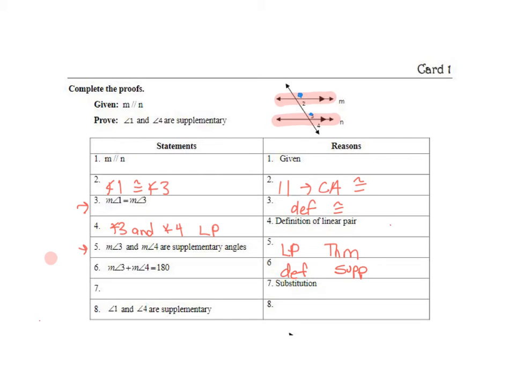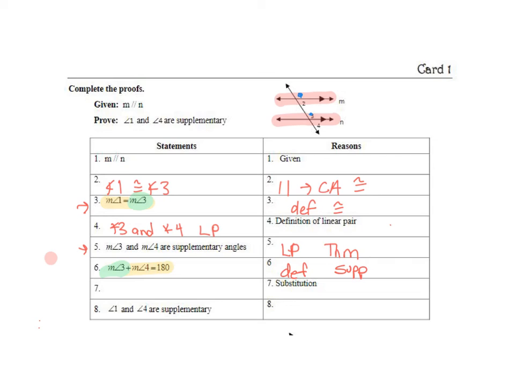And then if we look at what we have here and what we have here, we could see that we have the measure of angle 3 and the measure of angle 3. And that's where I could replace that measure of angle 3 with the measure of angle 1.